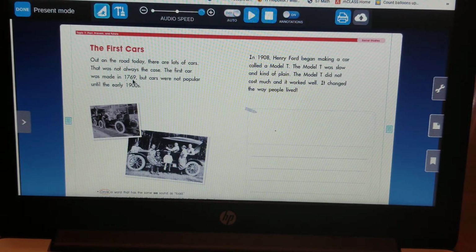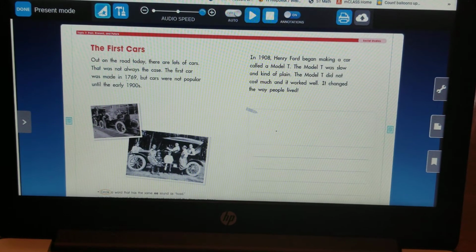These dates are from long ago. So these pictures are from the very first cars that were made here in the United States. Our story today is entitled The First Cars. And I want you to follow along and listen for this information.